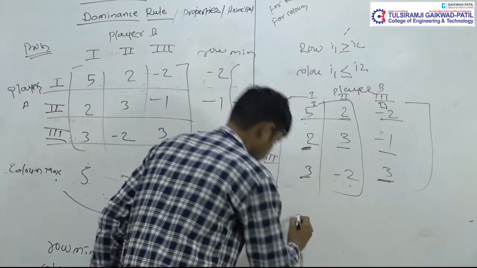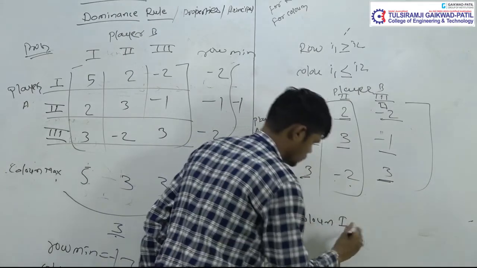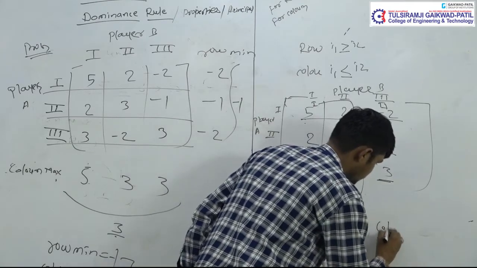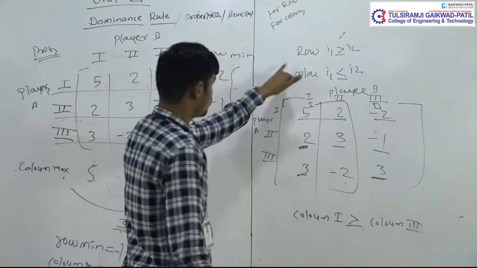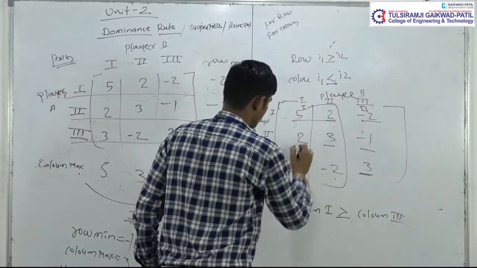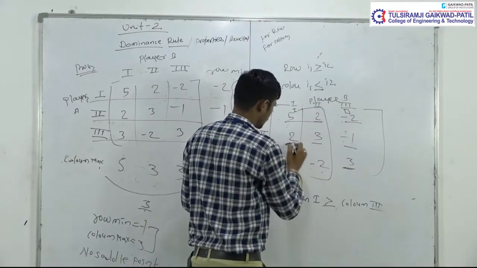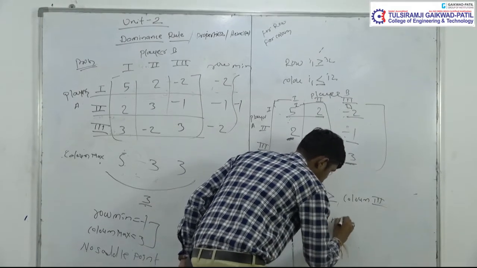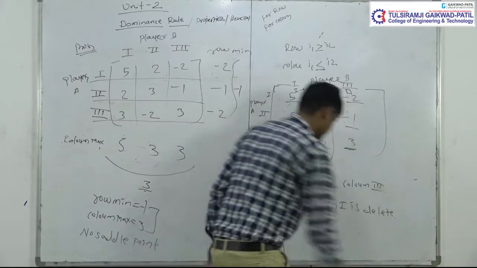That is, column number 1 is greater than or equal to column number 3. Which rule? Column is greater than or equal to. Greater is 5, 2, 3, so column number 1 is deleted.